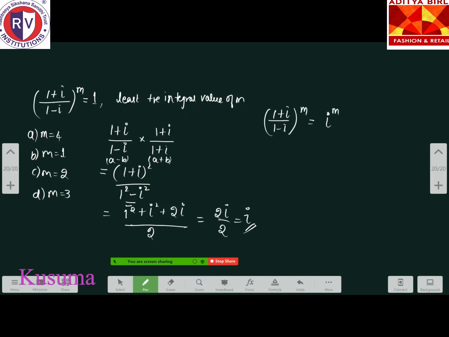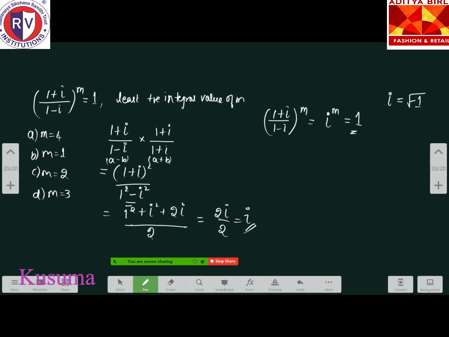And this i to the power of m must be equal to 1. Okay. Let us see what will be the least value such that i to the power of m will be equal to 1. So what about i to the power of 1? What is i? The root of minus 1.